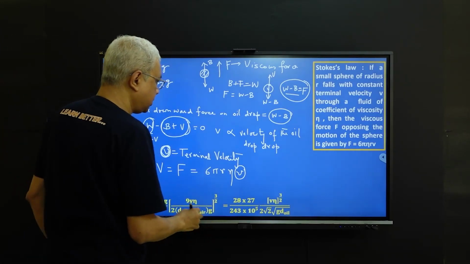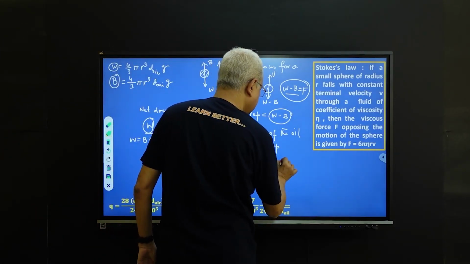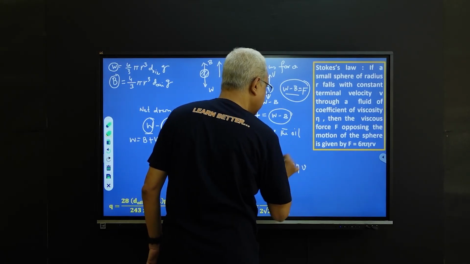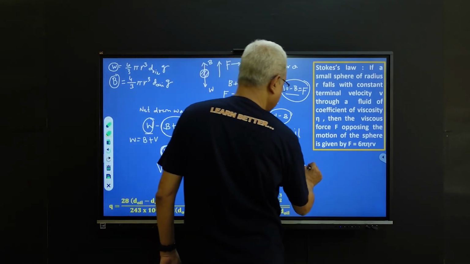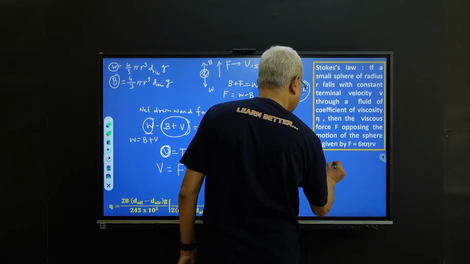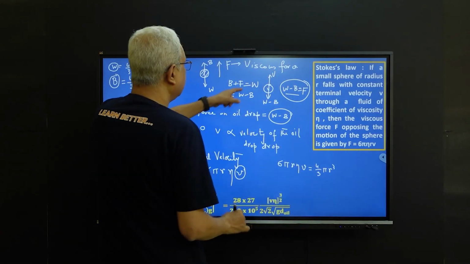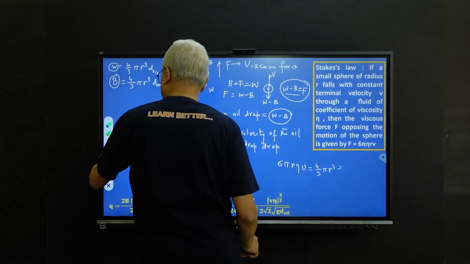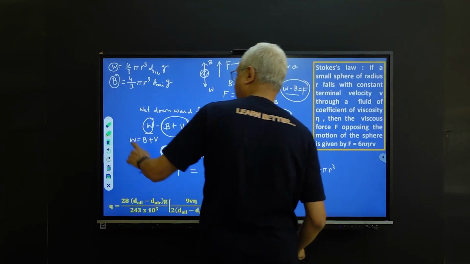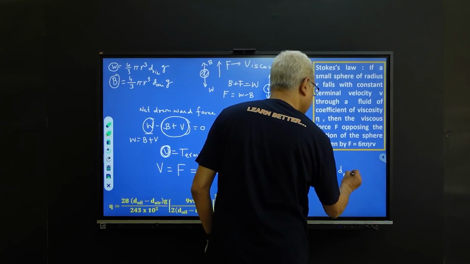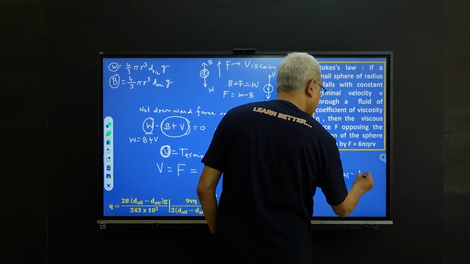So what is F? 6 pi R eta v is equal to 4/3 pi R cube, W minus B, rho, the density of oil, minus the density of air, into g.